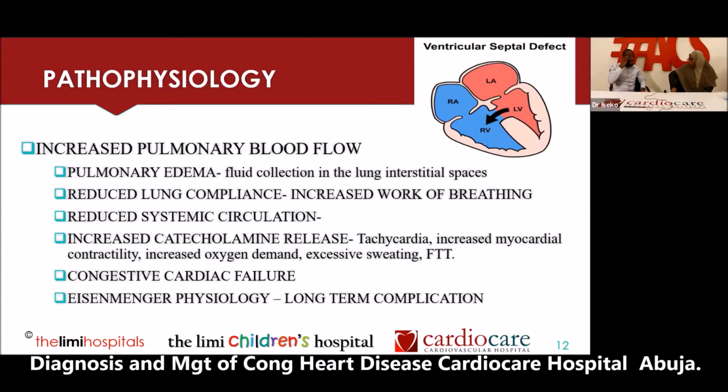So when that Eisenmenger phenomenon occurs, does the patient usually get better or get worse? Initially it appears like the child is better, like at the point where the pressures are equating, there's no significant shunt across the defect. So it appears like the child is better, and some parents might be very happy. They think, oh, this child is doing well. They begin to default from clinic.